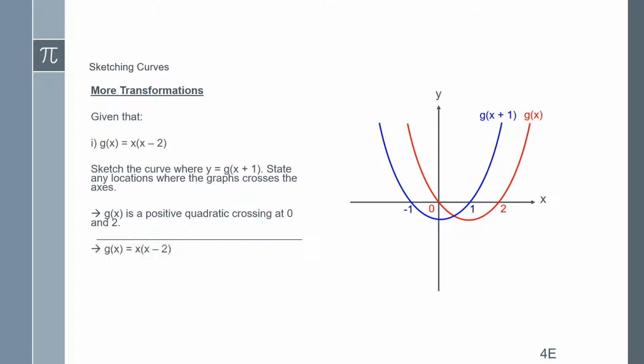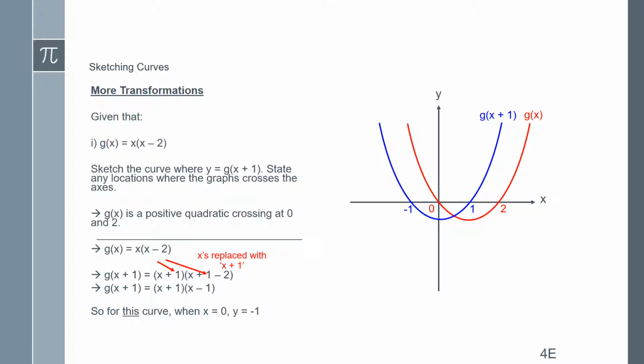So g of x is x times x minus 2. g of x plus 1, if we replace x with x plus 1, then it's x plus 1 times x plus 1 minus 2, or x plus 1 times x minus 1. So when x is equal to 0, that means we've got 1 times minus 1, y is minus 1, so it cuts the y-axis at minus 1.